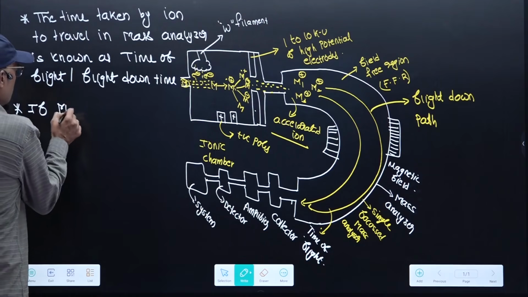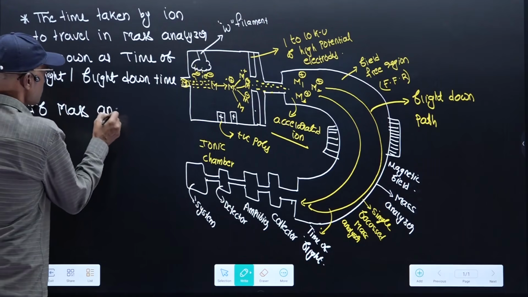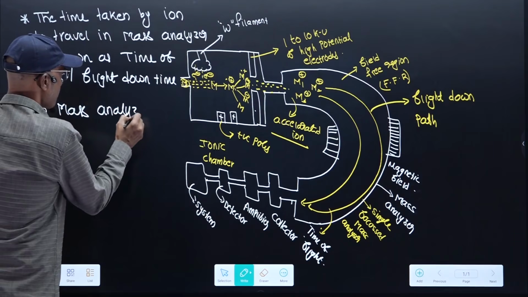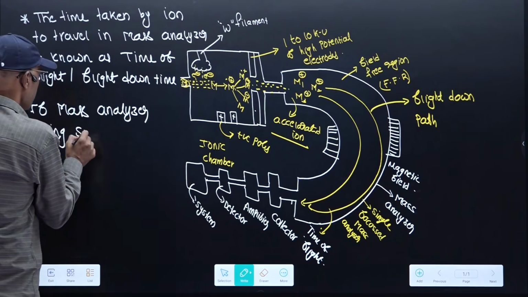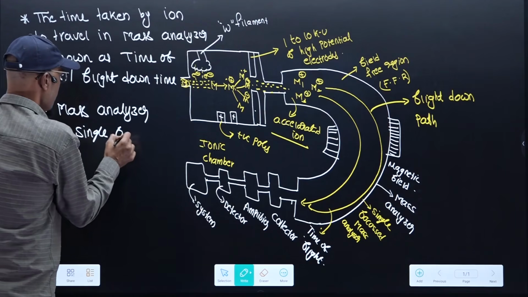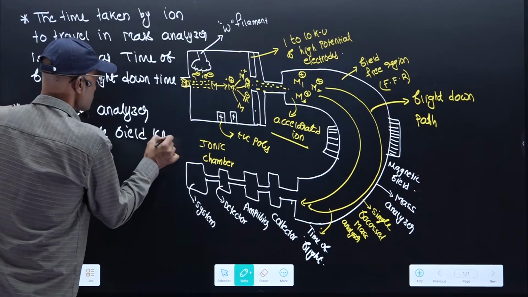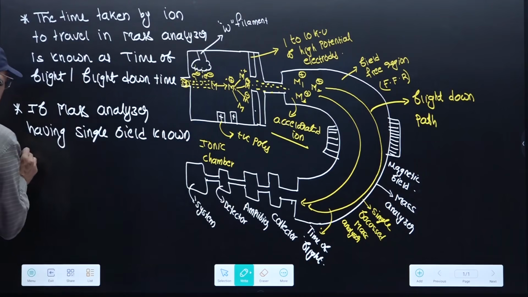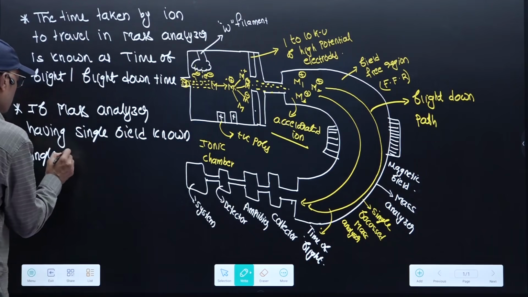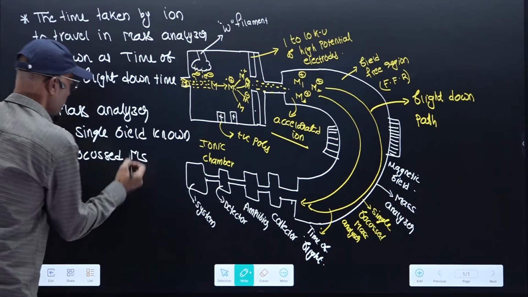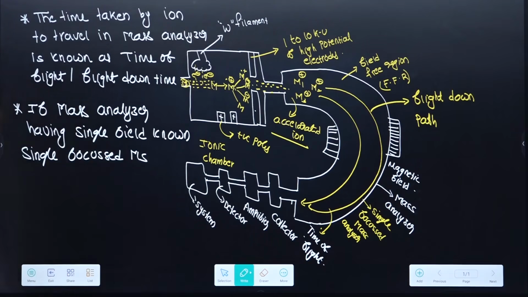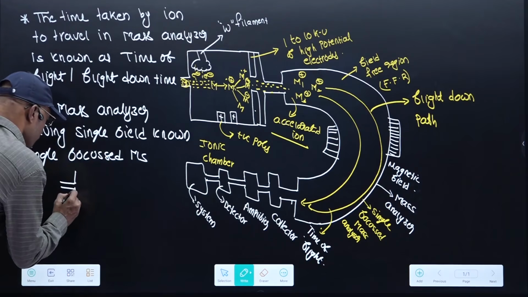Okay, so if the mass analyzer has a single field, it is known as single focus mass spectrometry. If the mass analyzer has only one field, that may be an electric field.